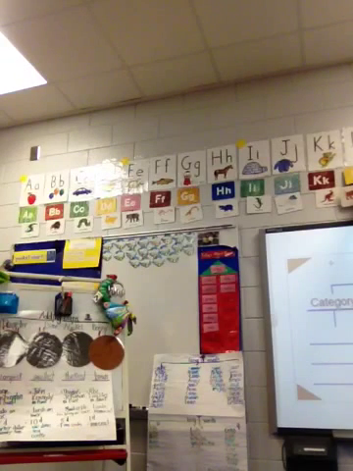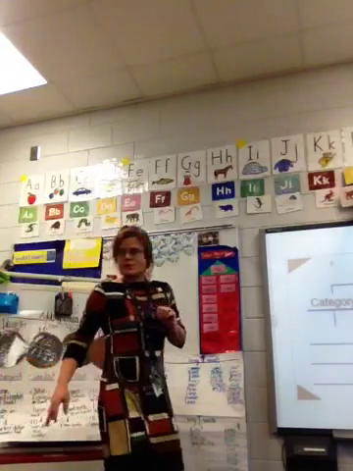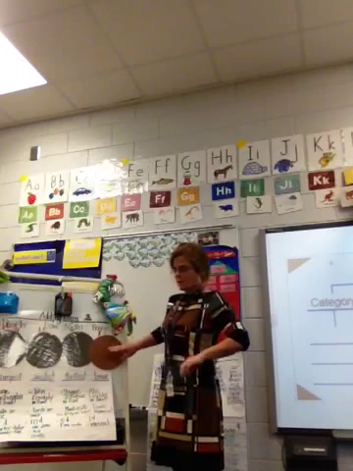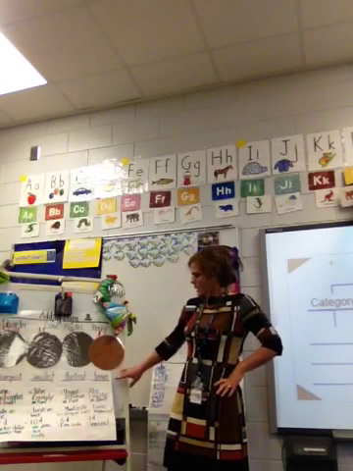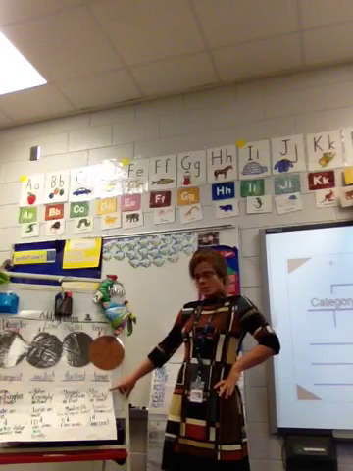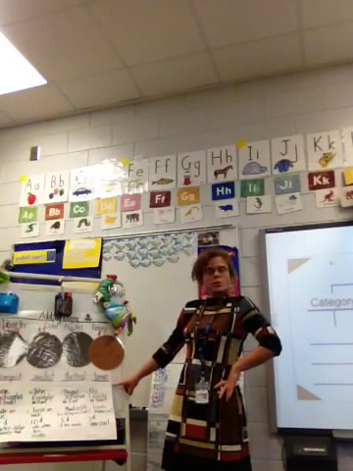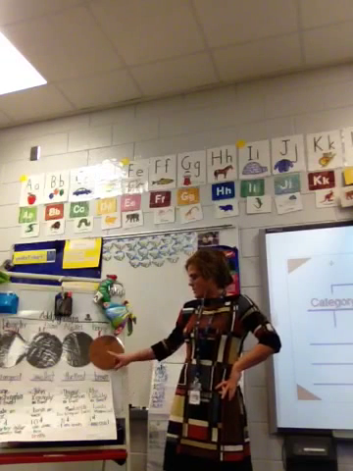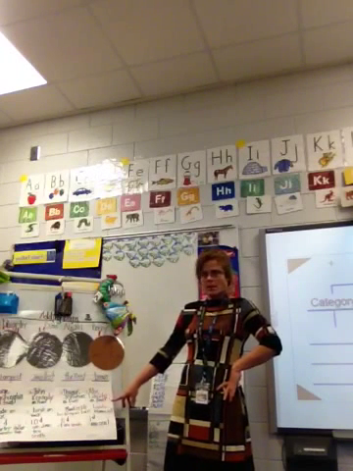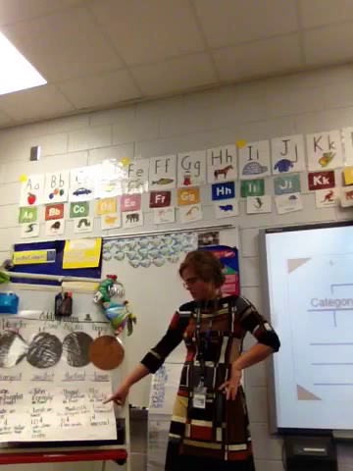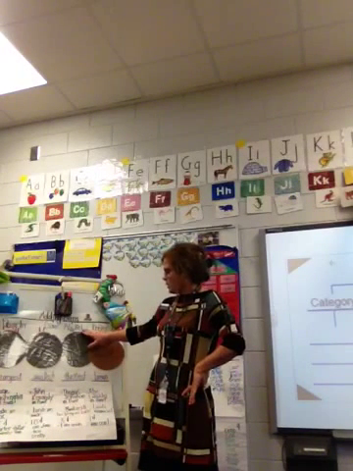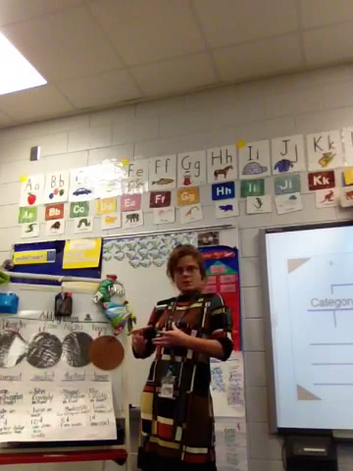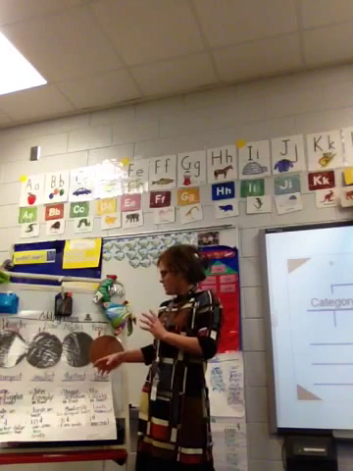They can reference this. For example, this is the penny, and we talk about that it's brown, and that President Abraham Lincoln is on the front, and the Lincoln Memorial is on the back. This coin is worth 1 cent, and the symbol would be the c with a line through it when writing 1 cent. As we move on to the nickel, we talk about its similarities and differences.